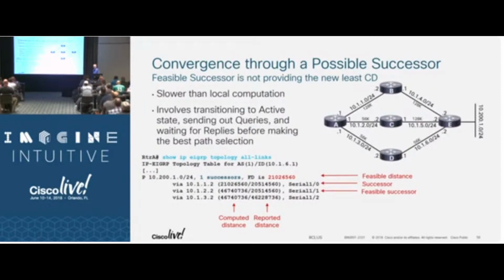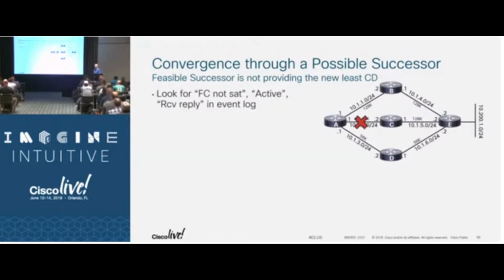What I'm going to do to make this failure is first simply drop the link to C to lose the feasible successor and stay just with B and D being nobody. And then the link from B to D is going to die. Again, what can I expect to see in the event logs?